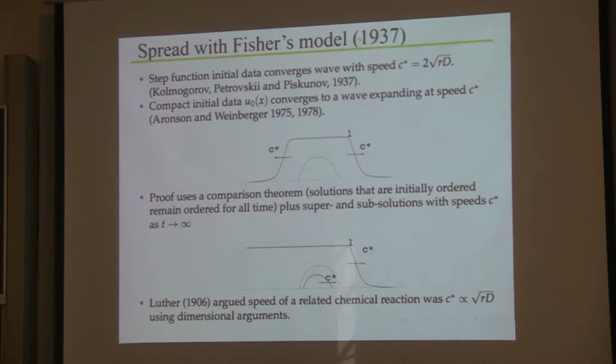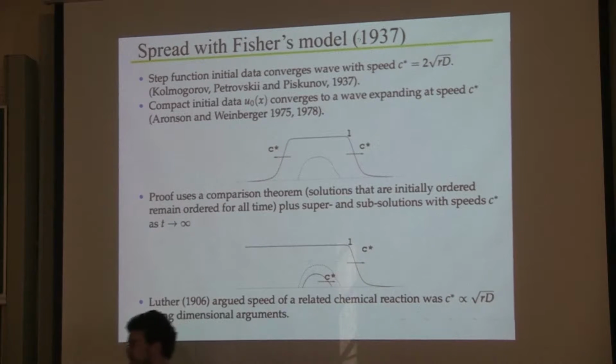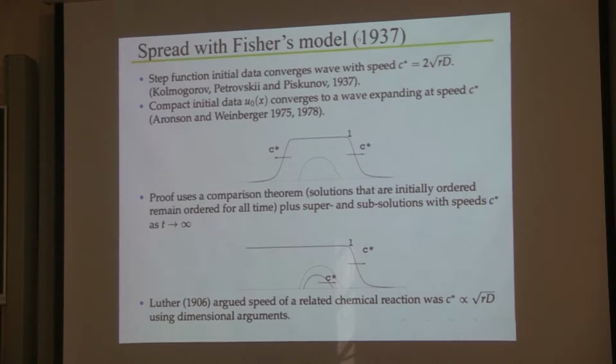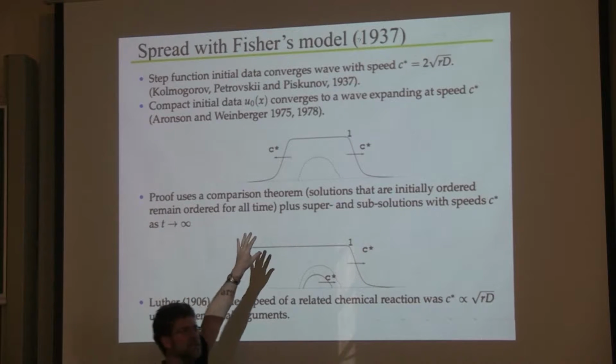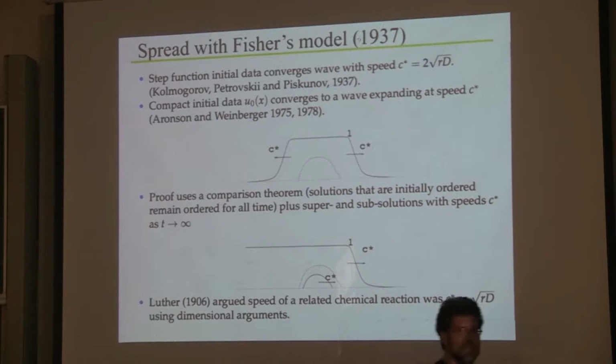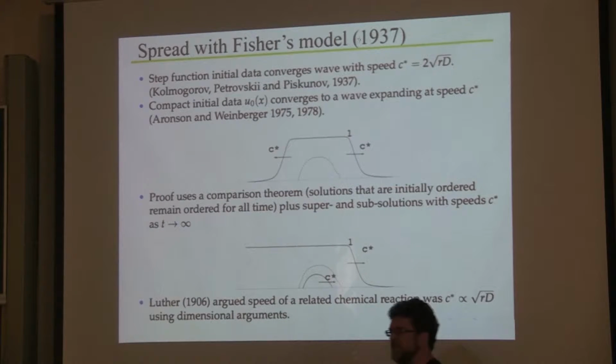Okay, and then as I mentioned, Luther argued that the speed of a related chemical reaction was proportional to the square root of r times d. So this is kind of interesting because this kind of goes along with the idea of having a simple statistic that we can use to estimate the spatial invasiveness of an organism.